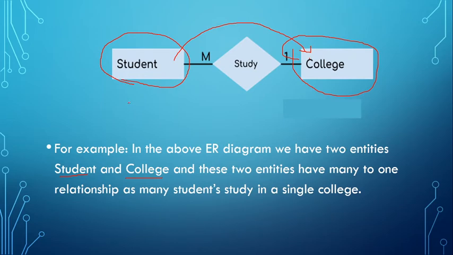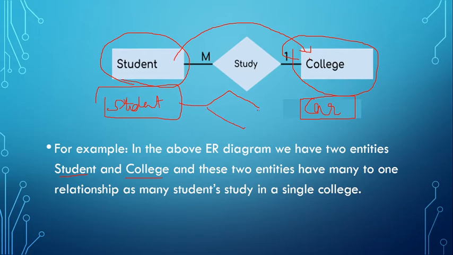Suppose if it is a student and a car, and these two are the entities, then what could be the relation between a student and a car? A student drives the car, isn't it? Drives.